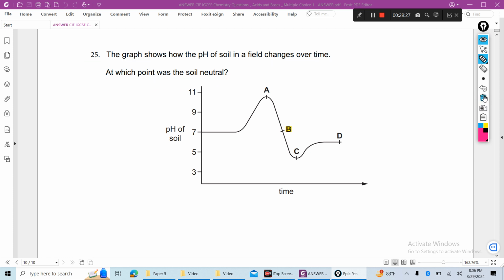Neutral soil means pH 7. Here the pH is increasing, A is close to 10, B is the correct answer because here the pH is 7, and C and D are acidic. So the correct answer will be B. When the pH is 7, that soil will be neutral.